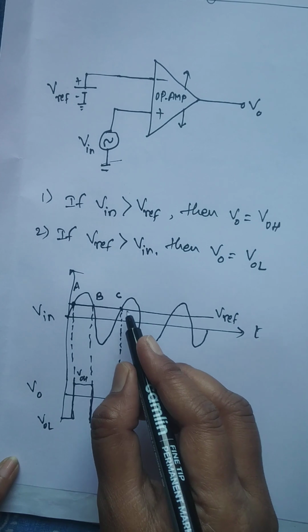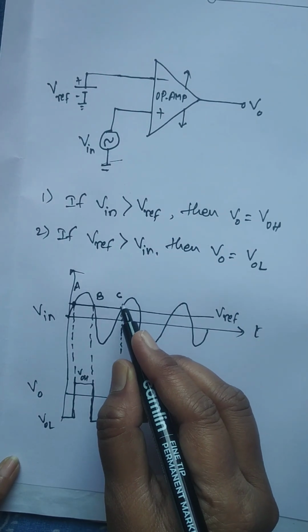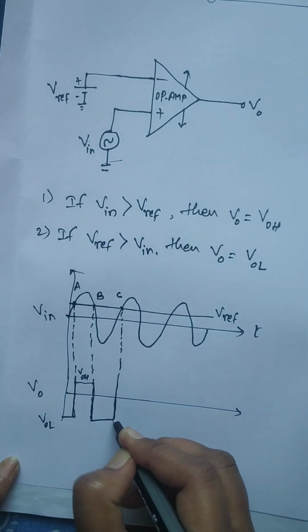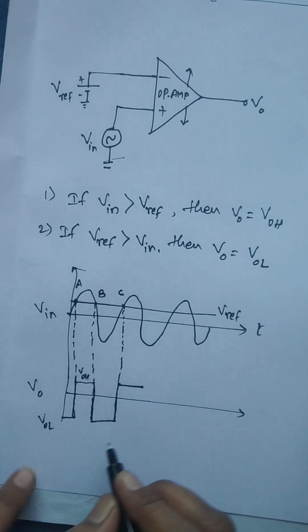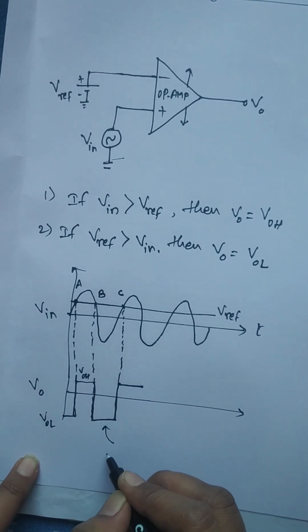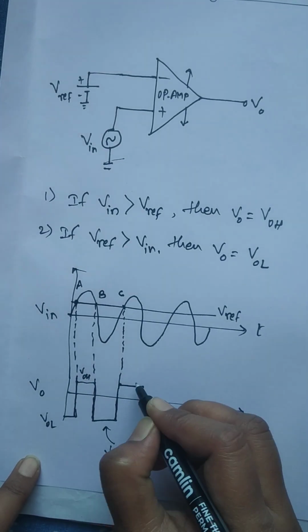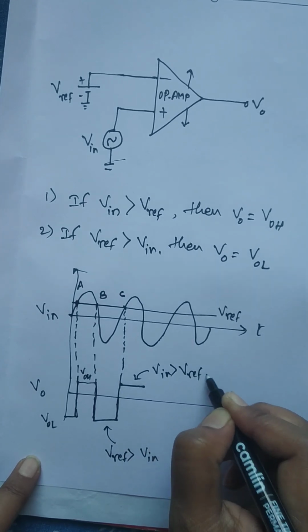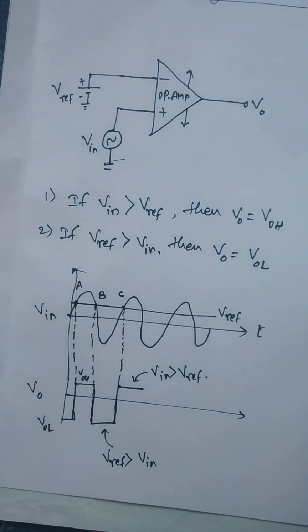Similarly, after point C, V in is becoming greater. So as soon as V in is greater, V output is equal to VOH. And the same step will repeat. So we can say that here V reference is greater than V input, and here V input is greater than V reference. So this is about the non-inverting comparator.